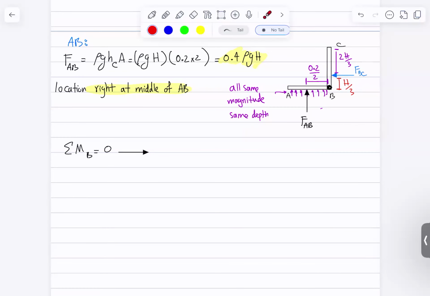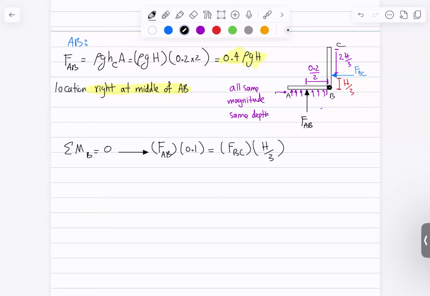Okay, if we look at the forces, the moment from AB is clockwise, the moment from BC is counterclockwise, so these two have to be equal and cancel each other out, right? So FAB times 0.1 has to be equal to FBC times H over 3. We have some numbers. For AB, it's 0.4 rho g H times 0.1.